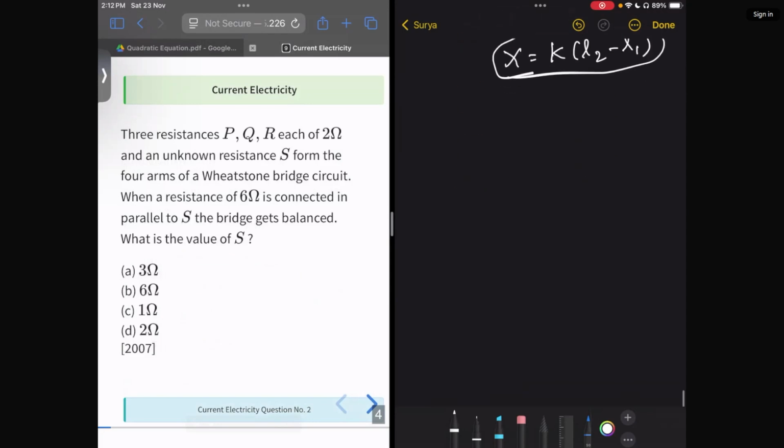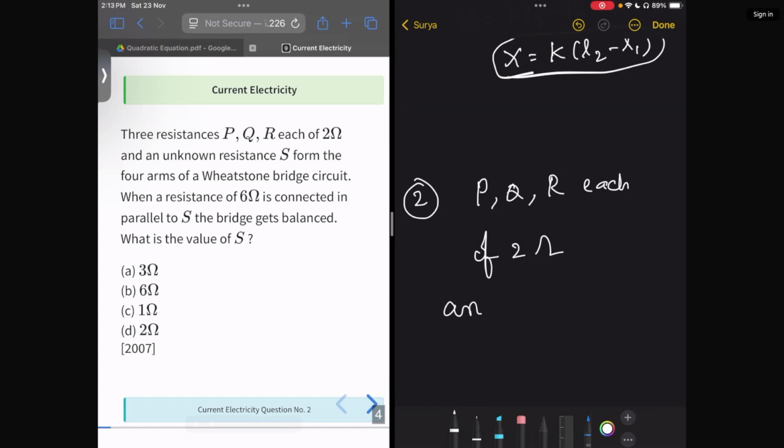So going to the next question, the second question. In the second question, there are three resistances P, Q, R, each of 2 ohms.